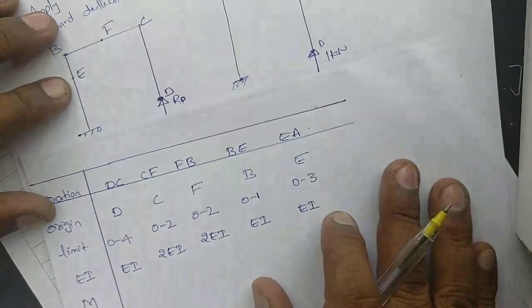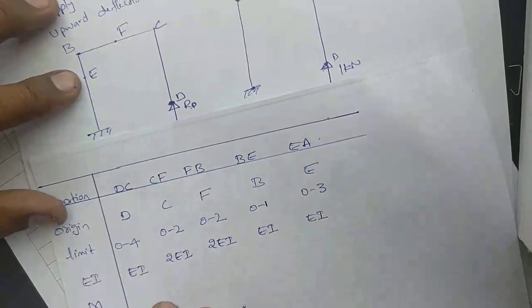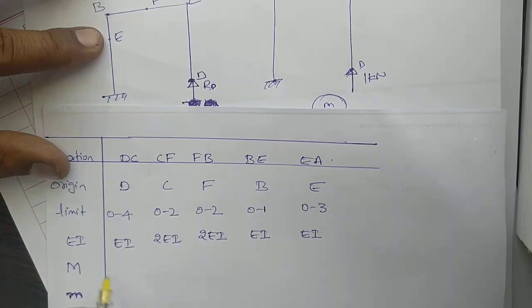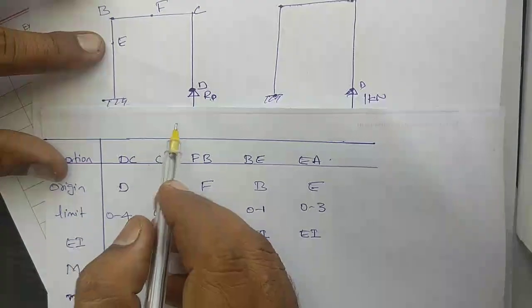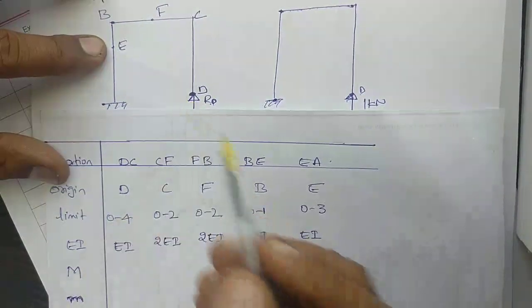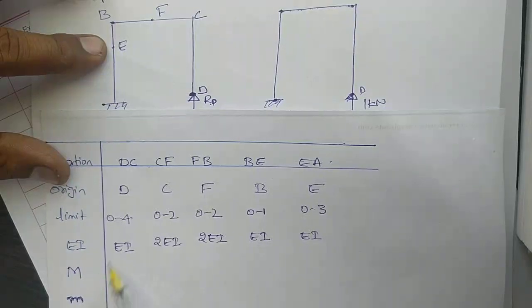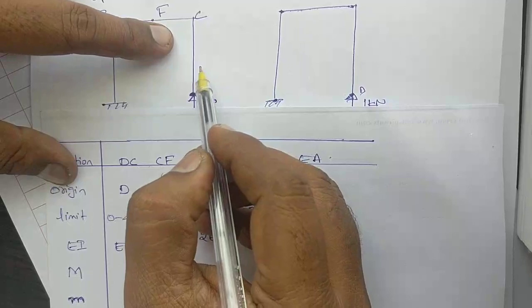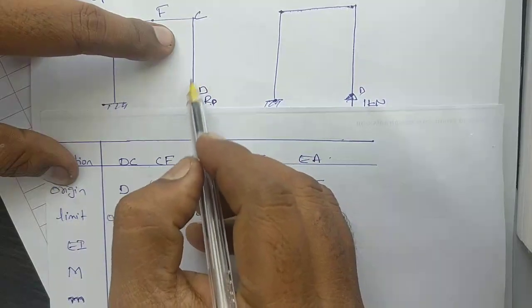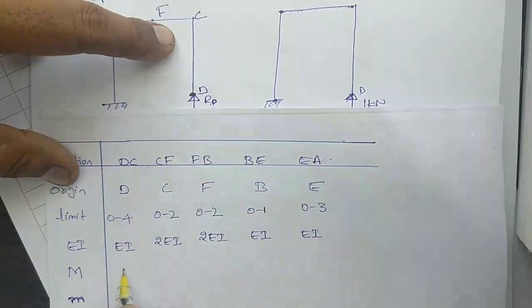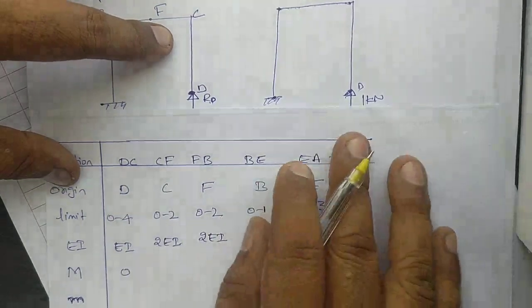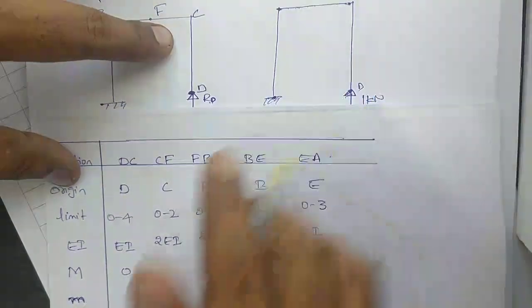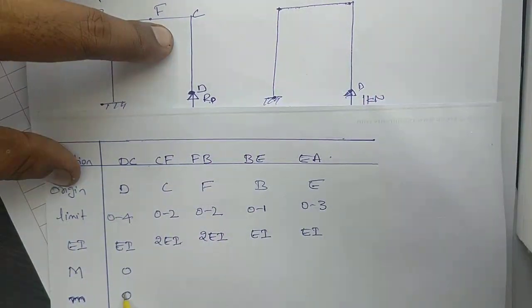Now your capital M is coming from your RD. Now you are having DC there. Here you will be having the cross section. So because no length, your capital M will also be 0, and because of 1 kilonewton, small m will also be 0.